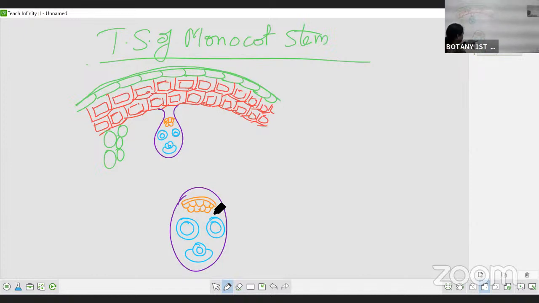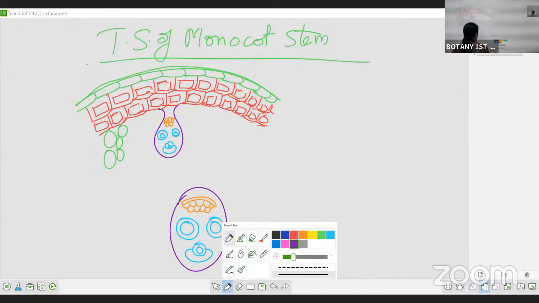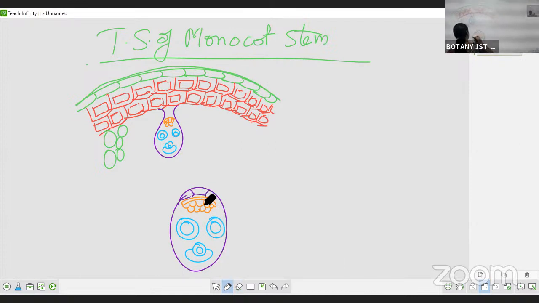Now this entire part should be filled up with the sclerenchymatous tissue, because those are the bundle sheath cells, which will be present as sclerenchymatous tissue. And they draw very fast this one.